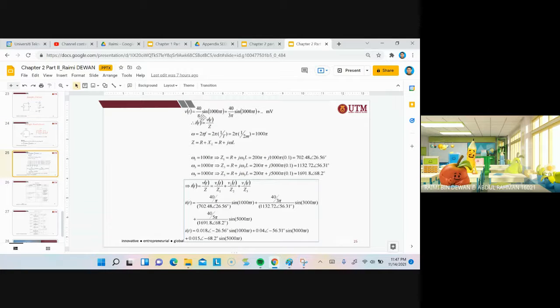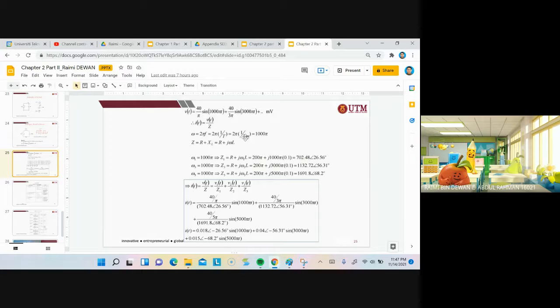So here, where's your Vt? How do you get your Vt? 40 sine 1000, 40 pi. This one is from the previous example. Then I equals Vt over Z. Z is the total impedance containing the resistance and inductance.